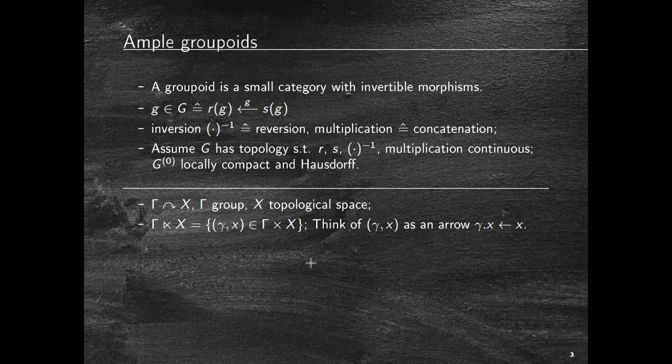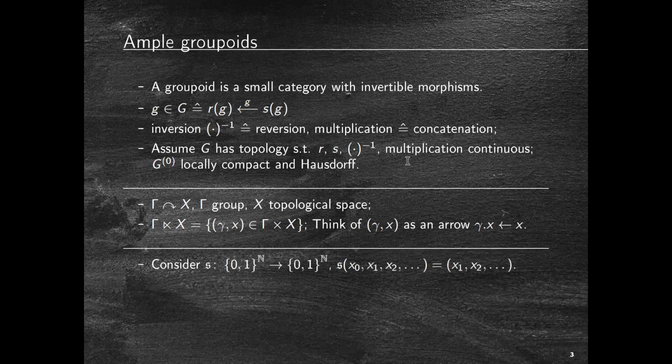And I would like also to mention another example. To be concrete, I want to consider a very concrete transformation, which is the one-sided shift. So the space is just a space of infinite 0-1 sequences, say one-sided.